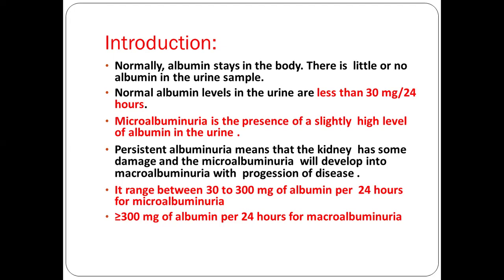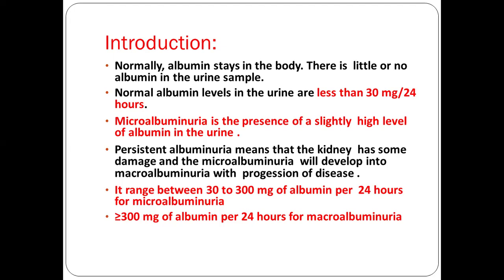So that is the indicator here. And microalbuminuria will develop into macroalbuminuria. That means micro is going to convert into macro with progression of disease. That means the disease is going to progress.